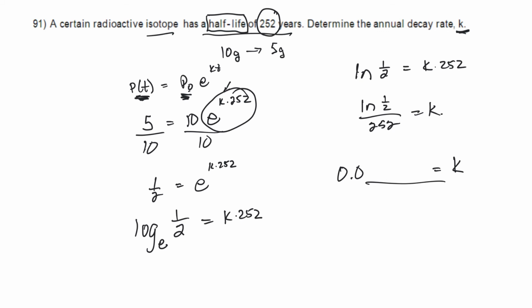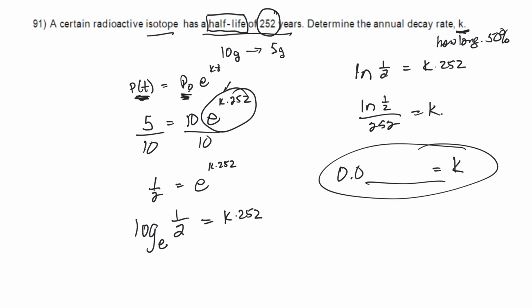A nice question would have been how long would it take for the thing to be, say, 50% of what it originally started with. And then you'd have to use this k value that you got in another question. Maybe I'll just set that up too. So if they say how long until you have 50%, that would be the half-life, right? Let's use a different percentage.